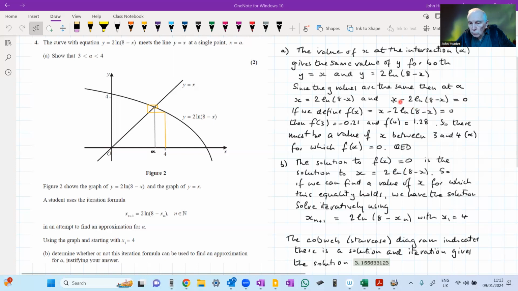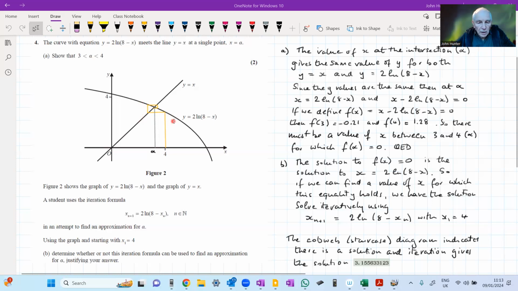Right, now if we call this bit f of x and we work this through, what we'll find is if we evaluate this at 3, we're going to get a negative value. That's basically because the distance between here and here, this minus this, is a negative number.